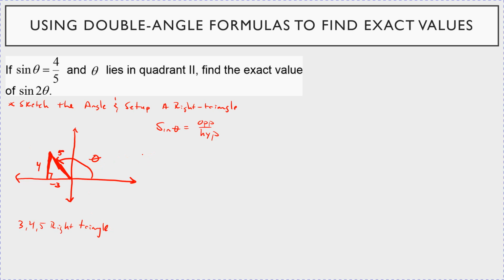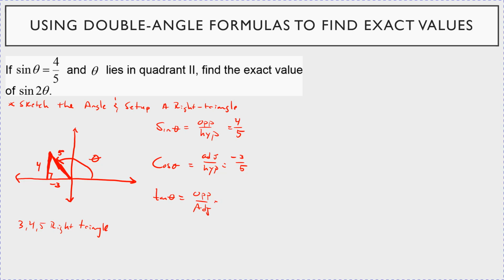What you can then do is figure out the values of sine of theta, and cosine of theta, which is the adjacent side over the hypotenuse, so that's -3 over 5. And tangent of theta, remember your SOHCAHTOA, some old horse caught another horse taking oats away, is opposite over adjacent.